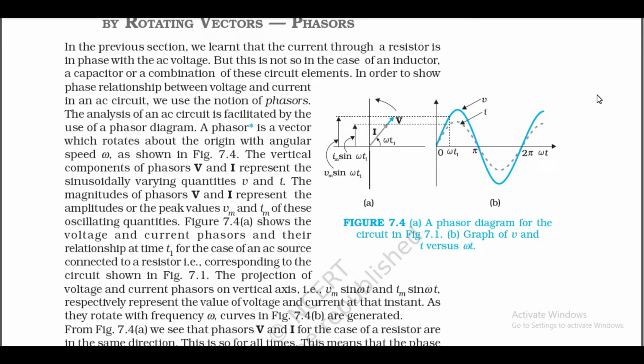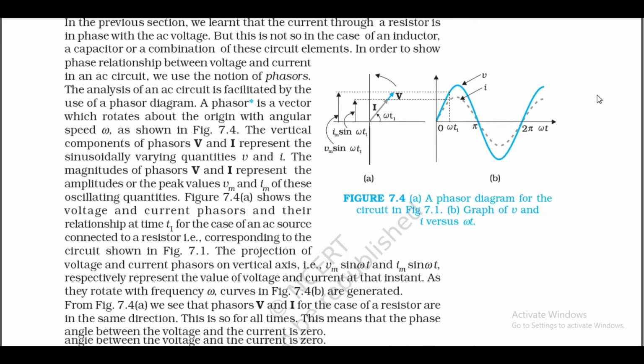The magnitudes of phasors V and I represent the amplitudes or peak values V_m and I_m of these oscillating quantities. Figure 7.4a shows the voltage and current phasors and their relationship at time t1 for the case of an AC source connected to a resistor, corresponding to the circuit shown in figure 7.1.